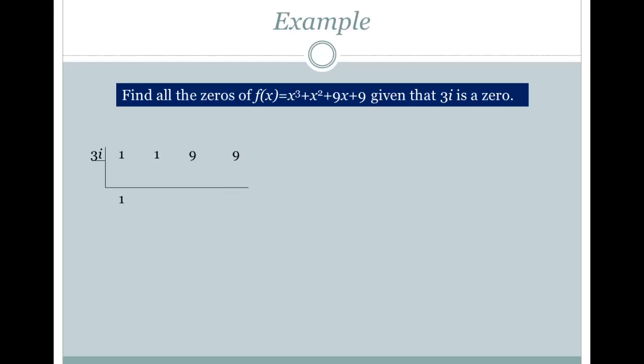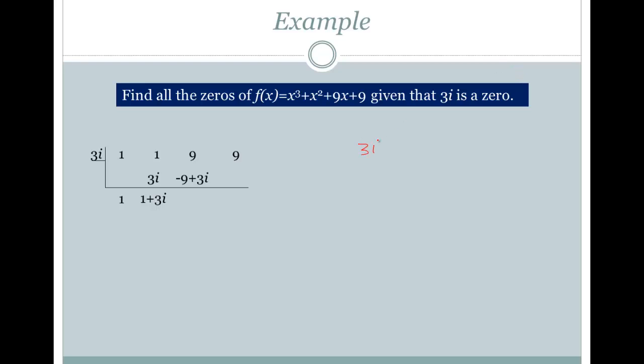Bring the 1 down. Now I get 3i when I multiply. I get 1 plus 3i. Now again, it's a little more work, but it shouldn't be too much difficulty. When I multiply here, I get negative 9 plus 3i. And let me just highlight for you guys how I did that.